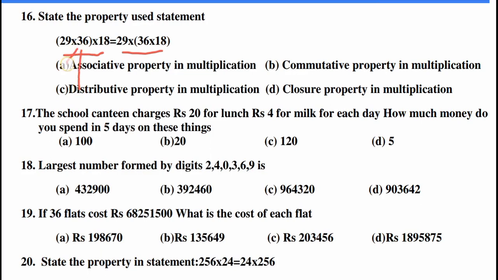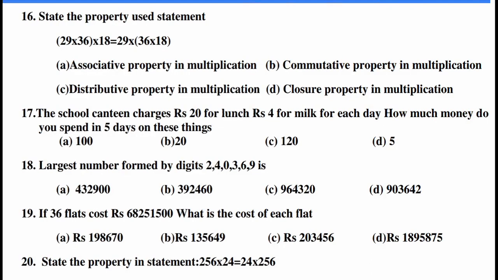But the grouping has been changed, and here the sign of multiplication is used, not addition, right? So this property is associative property, and associative property is used here in multiplication. So answer is A, associative property in multiplication.